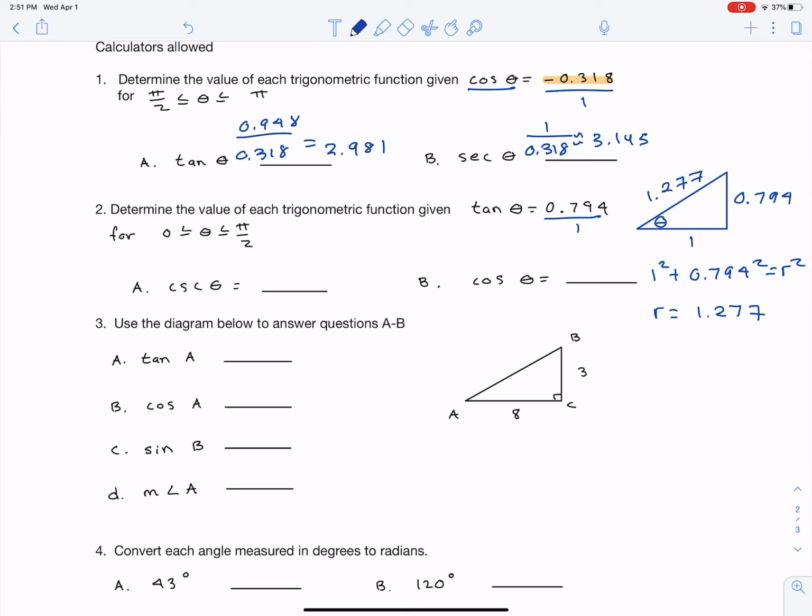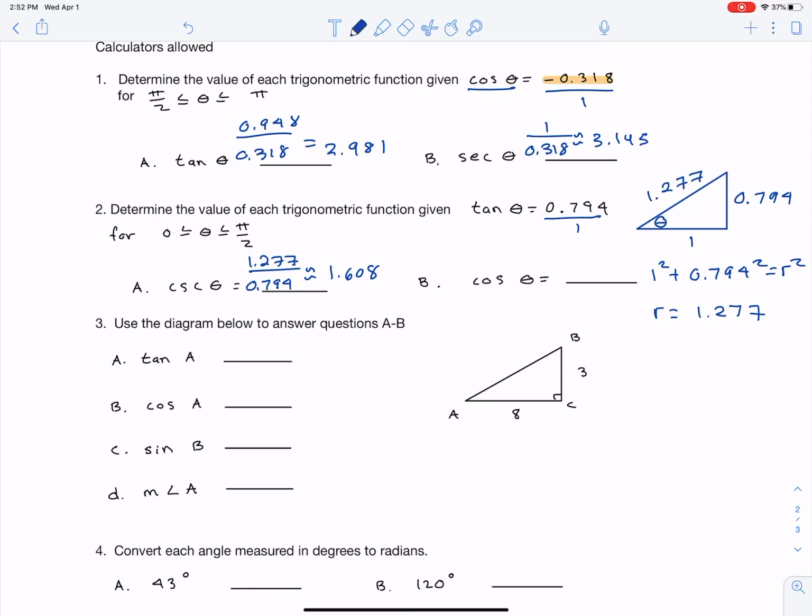Cosecant is hypotenuse divided by opposite. So it is 1.277 divided by the opposite, which is 0.794, and that's going to be approximately 1.608.